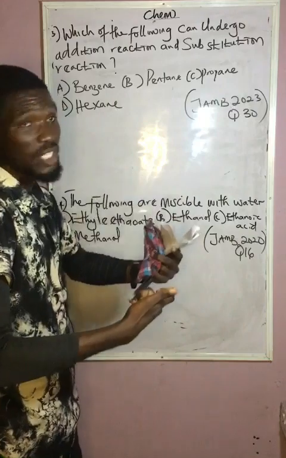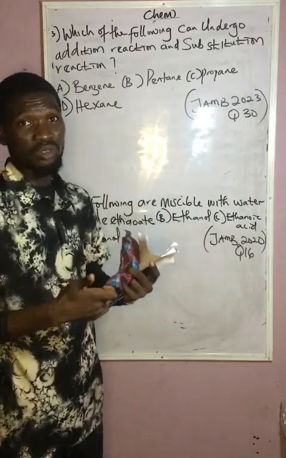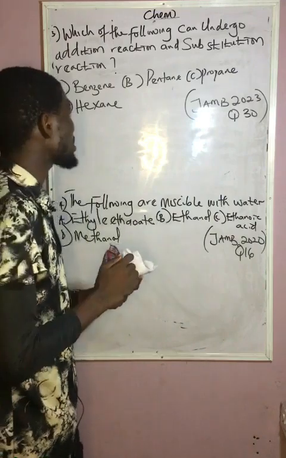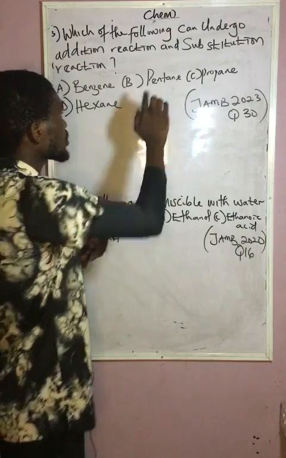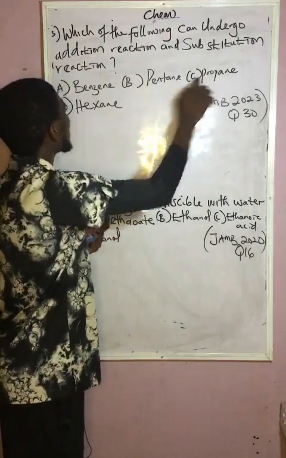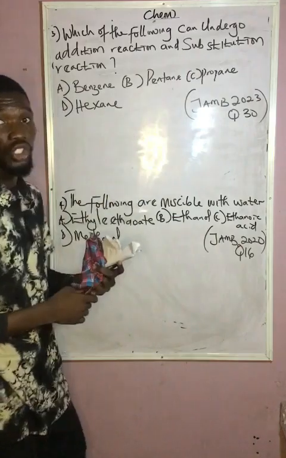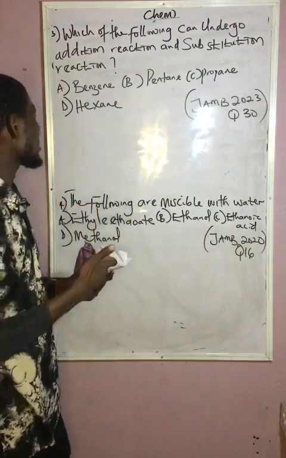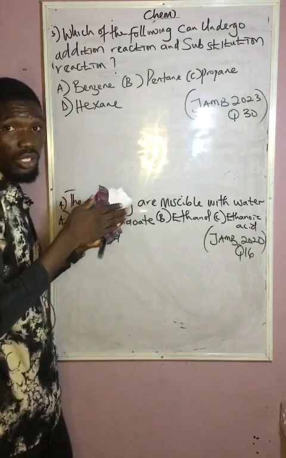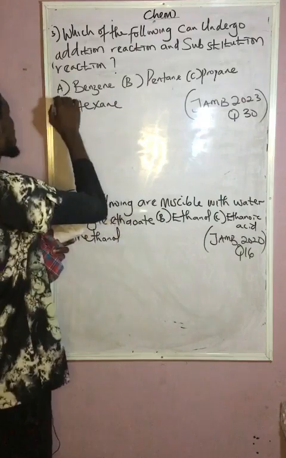Propane, saturated because it's a single bond. Hexane is saturated because it's a single bond. While benzene alternates single bond and double bond. So pentane, propane and hexane can only undergo substitution reaction, but benzene can undergo both addition and substitution reaction.